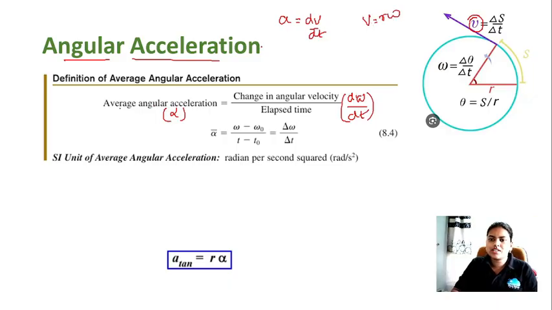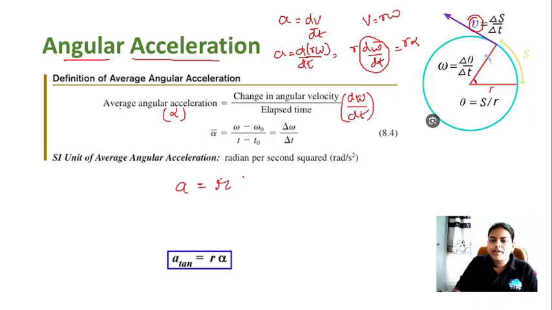Just substitute this in this equation, so a is equal to d upon dt of r omega. So r is constant with respect to time, so I can write r into d omega upon dt, and d omega upon dt is your alpha. So it is r alpha. So from this we know that a is equal to r into alpha. This is tangential acceleration, which is acting towards a tangent.